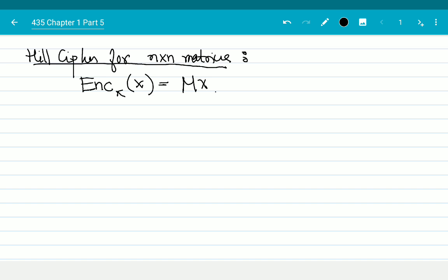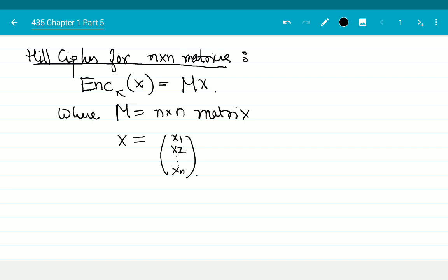Now you can make this slightly better, where m is equal to an n cross n matrix, and x is equal to a column vector of x1, x2, dot dot dot, xn.